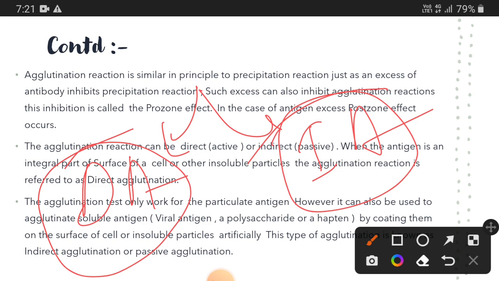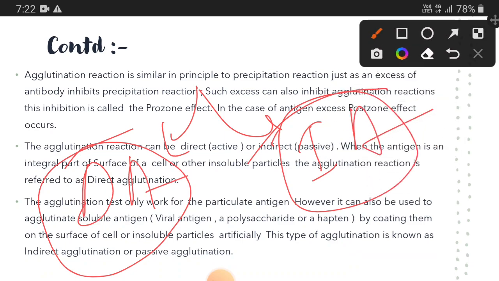Why? Because remember, agglutination is a very sensitive test, so it is also desired to agglutinate soluble antigens too. So what will be the way? The way is artificially coating the soluble antigens, for example viral antigens, polypeptide, hapten or polysaccharide, on the surface of a cell or insoluble particle.